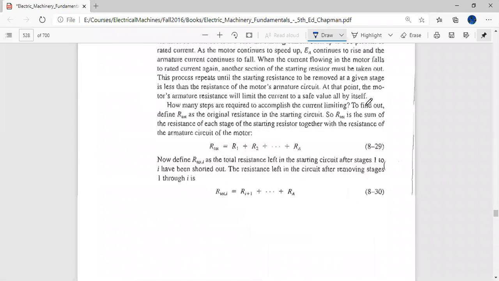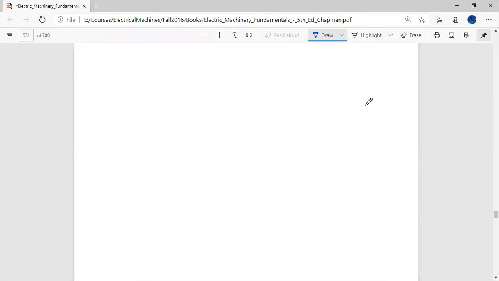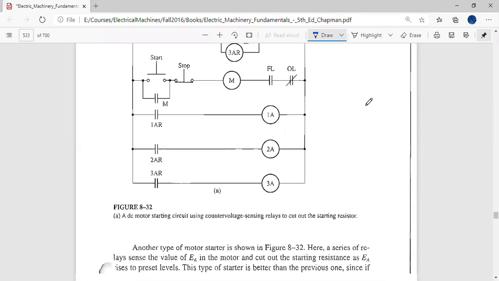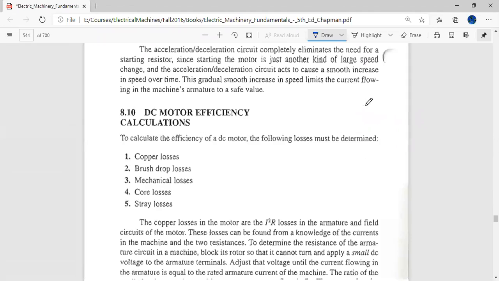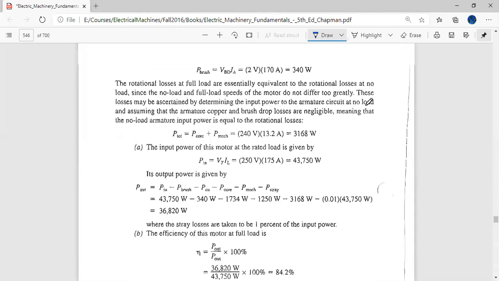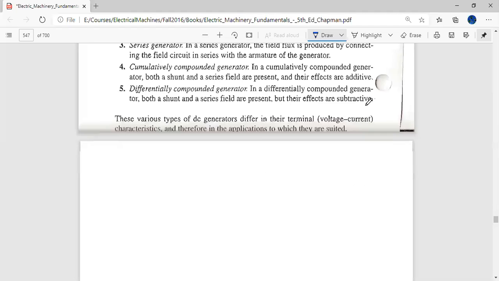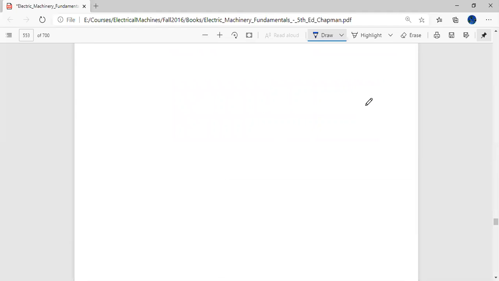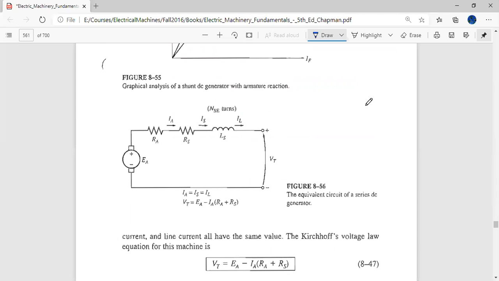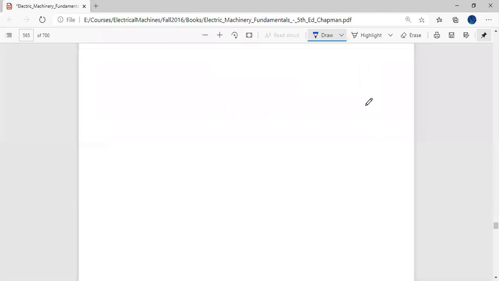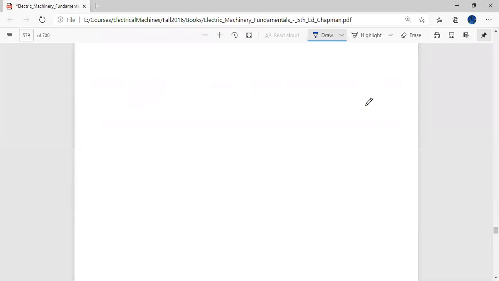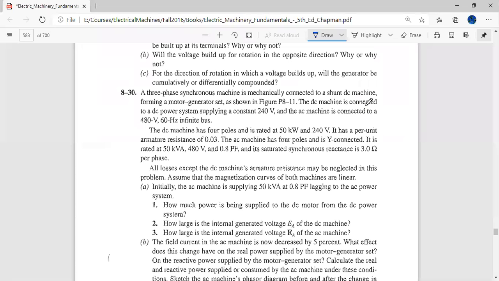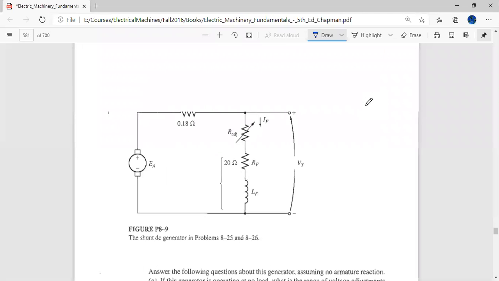Okay, so let's go to the end of chapter problems. Try to do one or two problems. Okay, here are the end of chapter problems.